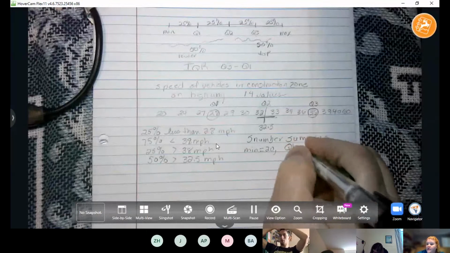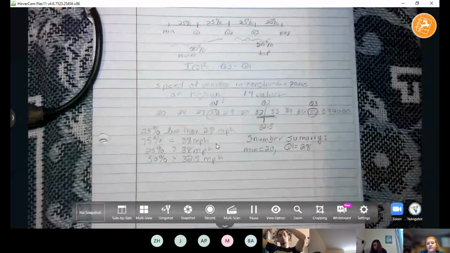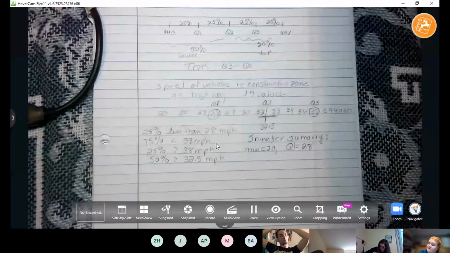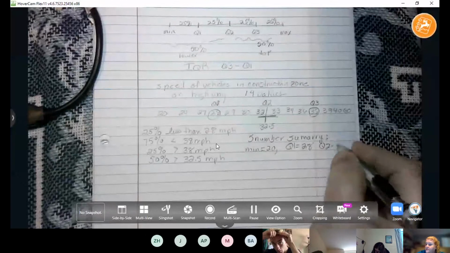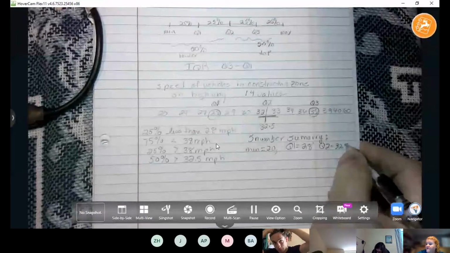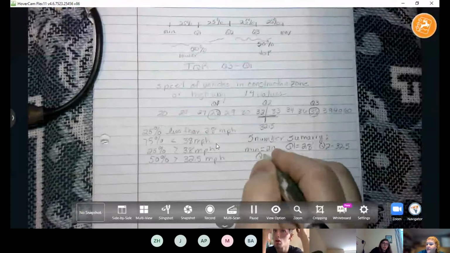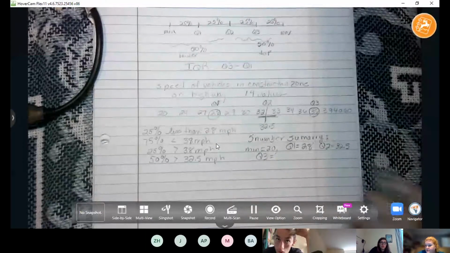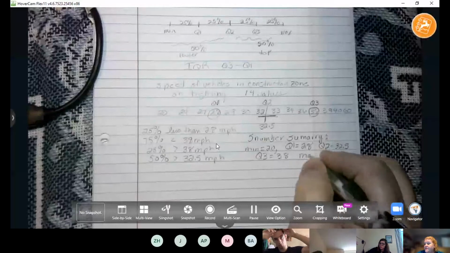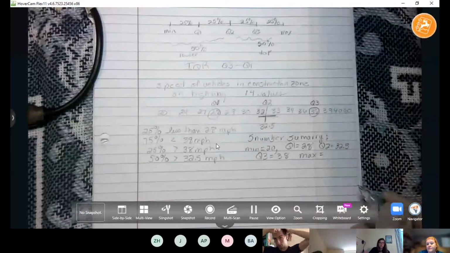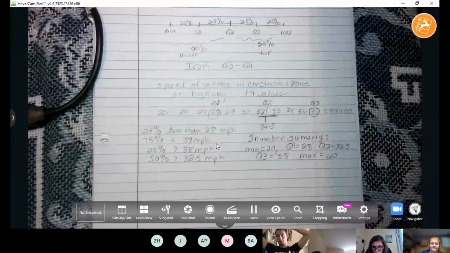You give quartile 1, which would be 28. You give quartile 2, which would be 32.5. You give quartile 3, which would be 38. And you also give the maximum amount, which would be, in this case, 60.